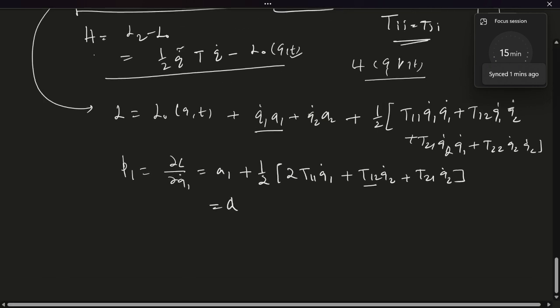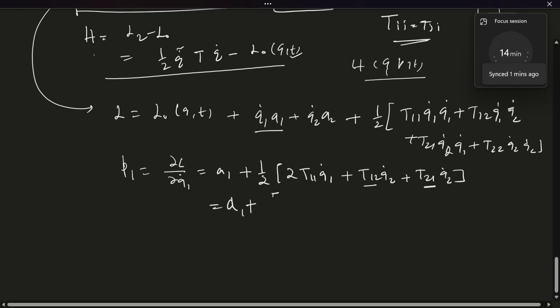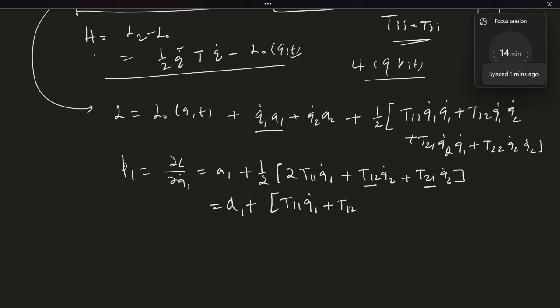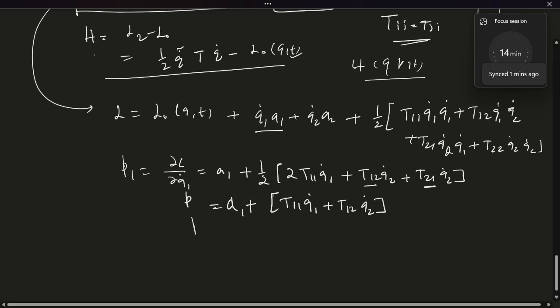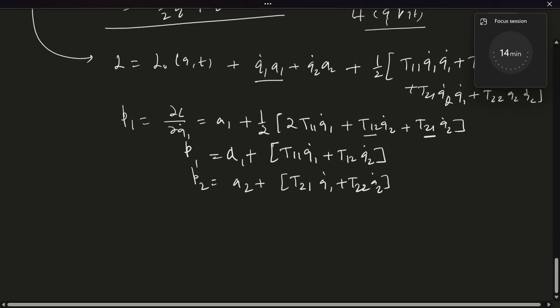As your T12 and T21 are the same, we can write it as 2 times T12 q2 dot. That becomes A1 plus T11 q1 dot plus T12 q2 dot equals P1. Similarly, you can write P2 equal to A2 plus T21 q1 dot plus T22 q2 dot.